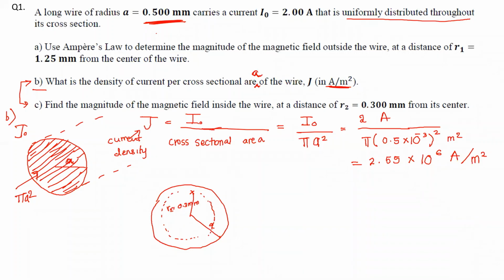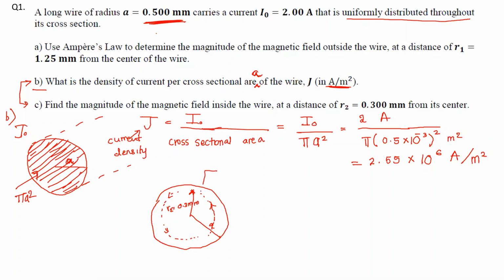We know there is current inside this radius also, because current is evenly spread out throughout the area. So there is some current inside this R2 radius circle. Therefore there is a B field. From the right hand rule, the B field goes like this, inside the conductor.